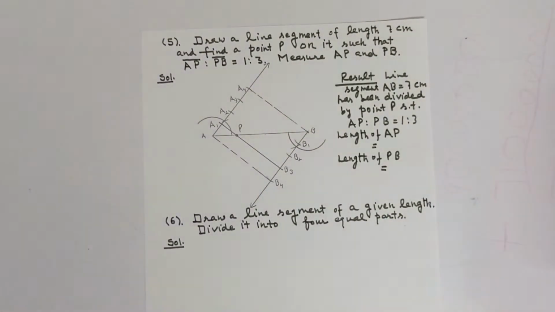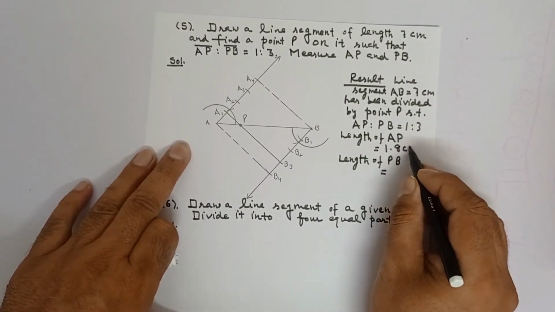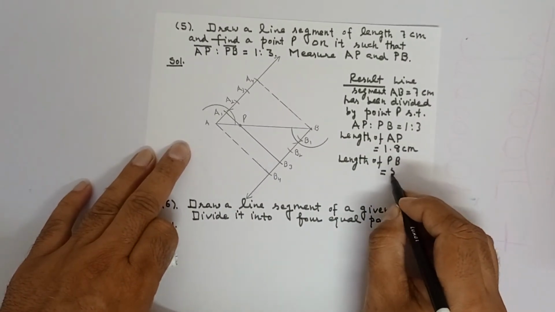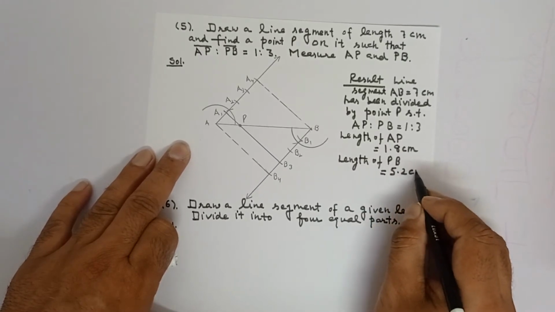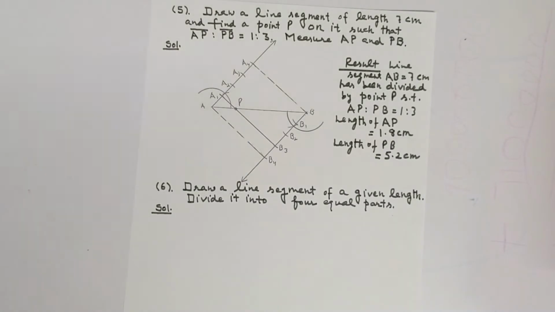So 1.8 centimeter, 5.2 centimeter. So this way if you add up these both, it will come 7 centimeter.